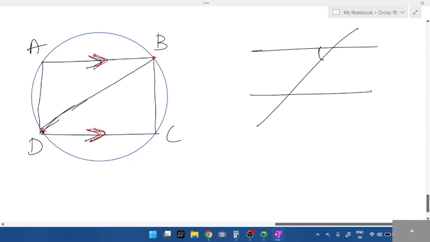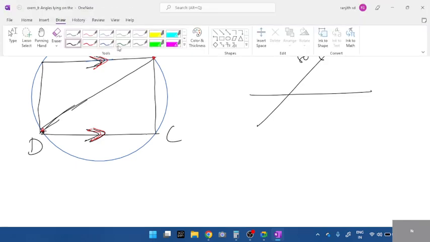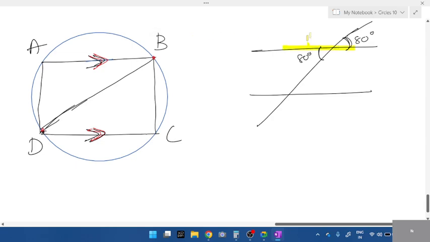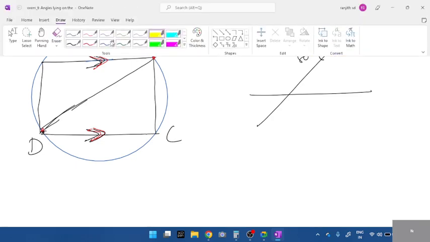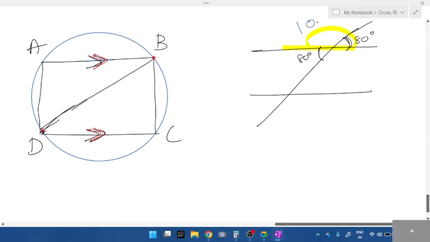Okay. Now, if this is 80 degrees, what about vertically opposite? I told you this also should be 80. If this is 80, according to straight line concept, imagine I keep a protractor. What will be the other angle value? 180 minus 80 is 100. If that is 100, this one is also 100, right? Okay, which is known as vertically opposite, students.